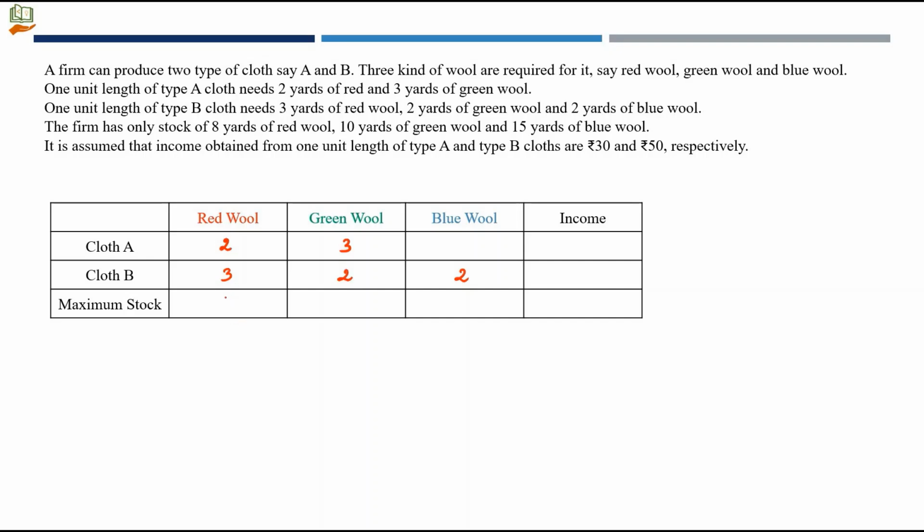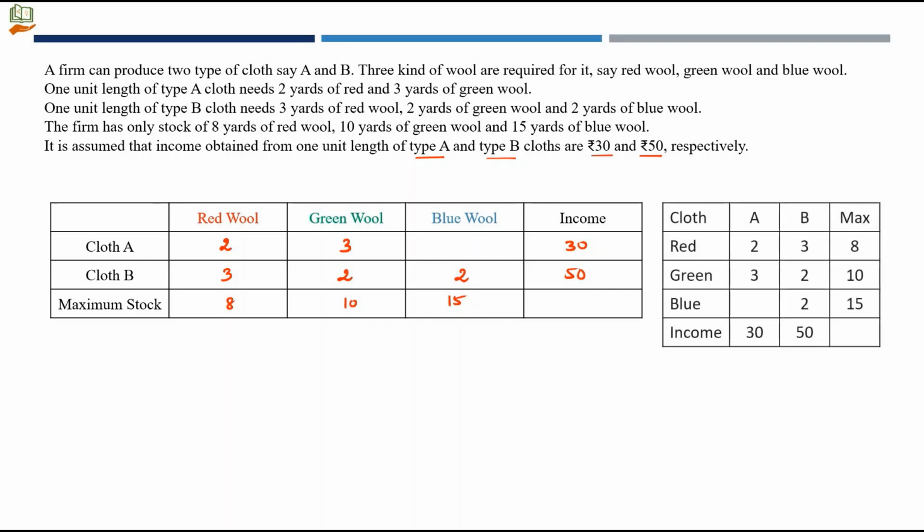Red wool is 8 yards, green wool is 10 yards, blue wool is 15 yards. And income is given for every type of cloth here. Type A and type B cloths are rupees 30 and 50 respectively, means A will be having rupees 30 and B will be having rupees 50. Using this table only, we are going to work with the upcoming 5 questions. Certain books have made this table in vertical way.